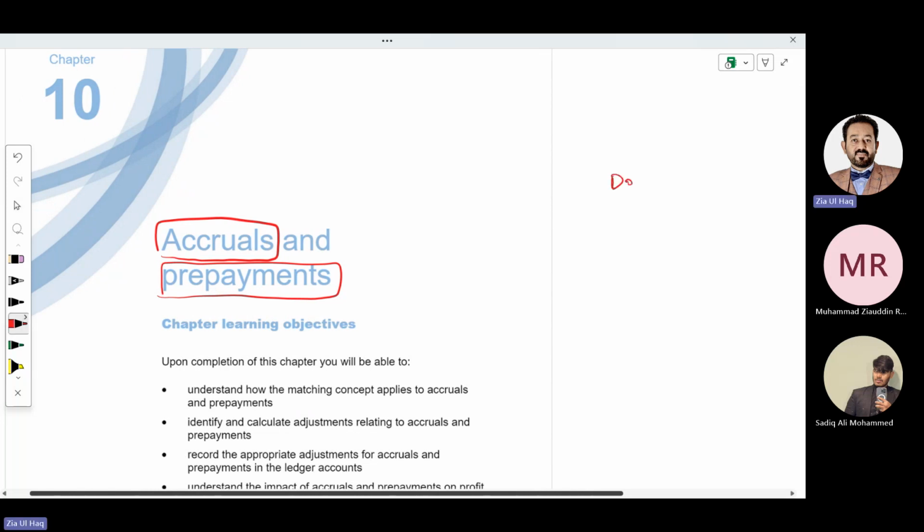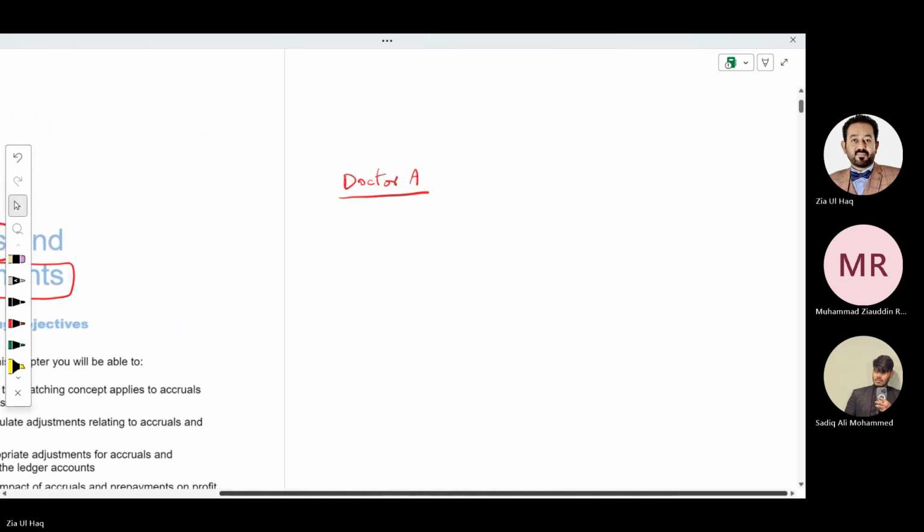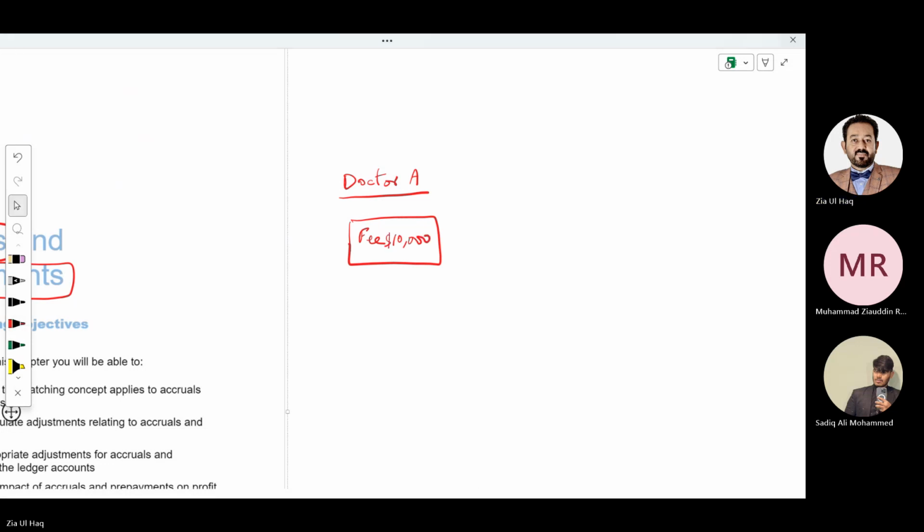there is a Dr. A. Dr. A charges a fee to patients, say $10,000. If a patient visits Dr. A, they charge $10,000.